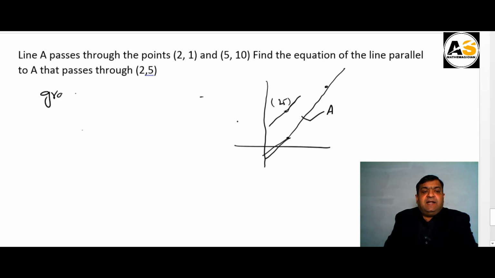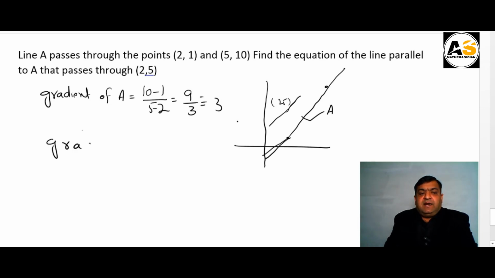We can find the gradient of A using 2 points: y2 minus y1 over x2 minus x1, which is 10 minus 1 over 5 minus 2, which is 9 over 3, which is 3. Gradient of A is 3 and the required line is parallel to this. So gradient of that line will also be 3, and that line passes through the point 2, 5.